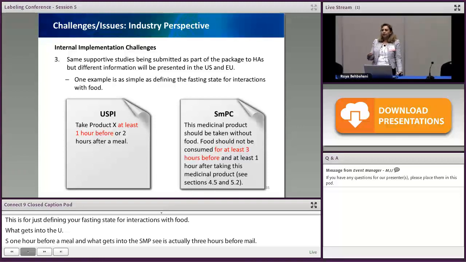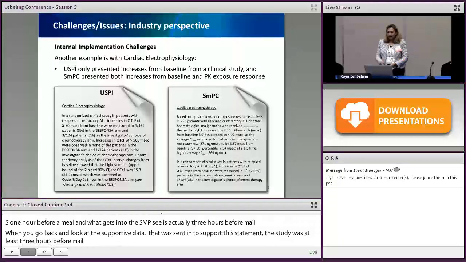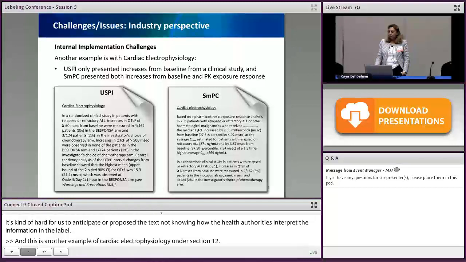So it's hard for us to anticipate or propose the text, not knowing how the health authorities interpret or put the information in the label at the end. And this is another example, with cardiac electrophysiology under section 12.2. In this example, 2 studies were submitted.